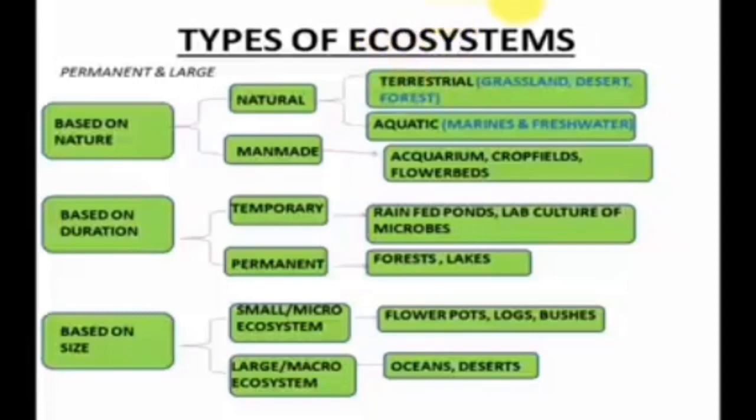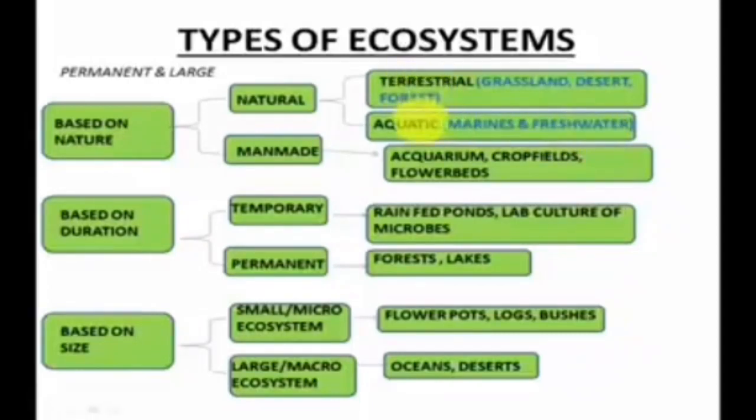Still under natural, we have the aquatic ecosystem, which are the marines and fresh water. Number two, based on nature, we have the man-made, which is the aquarium, the crop fields, and the flower beds.